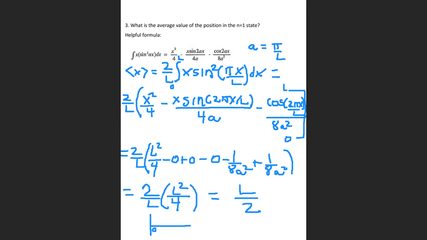If you sketch psi from 0 to L, it's a sine function with a big bump at L over 2. So it makes sense, without thinking about it, that a sketch of psi squared, since psi is always positive, must have the same general shape.